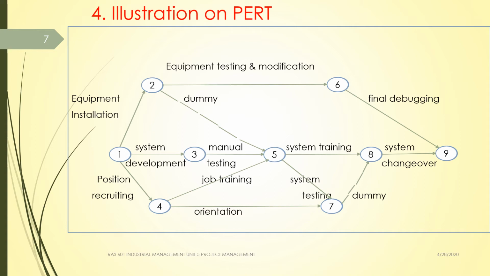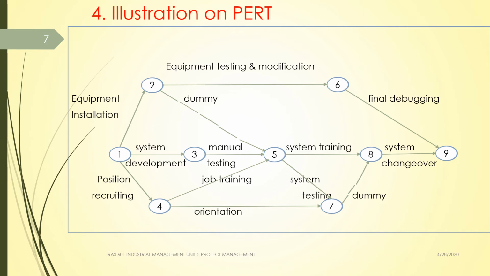Our purpose here is not to draw the network diagram. Our purpose is to find the most likely time, the mean time, and the variance within the process. So I'm not considering this as a question of drawing the network only.